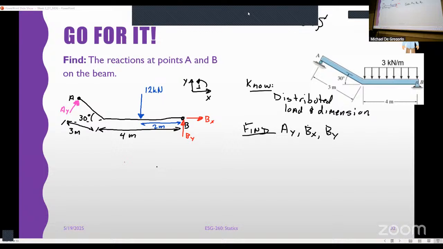You guys good? I think so. It's more like sign issues that I'm dealing with. Okay. I'm picking the moment at B. So think about the sense of the moment. You only put the negative on for the total, so if you're at B and you're pushing down, right?